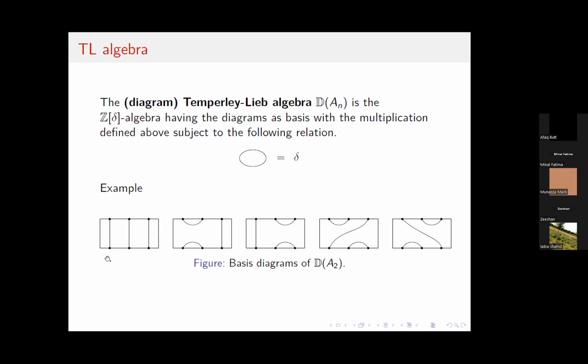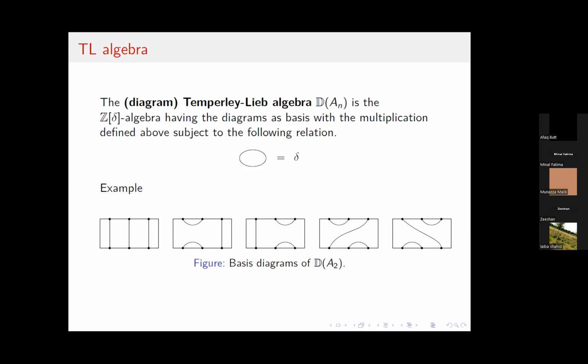The first one is the identity diagram, because if you put that above another diagram, the diagram stays the same, so we don't deform the edges. And these are all the possible ways of connecting the nodes without intersections. There are no closed loops because we delete them. And this is the basis for the algebra of type A2.